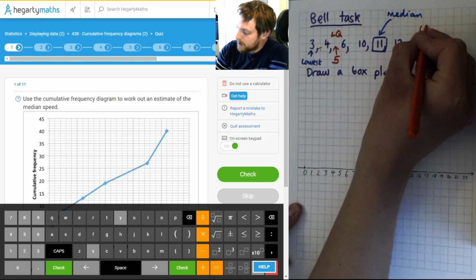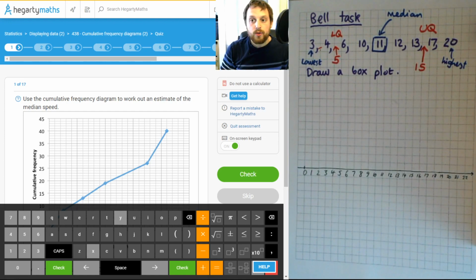That's the upper quartile. So what you need to draw a box plot, and what box plots give you, right? If I give you a picture of a box plot, or you see a picture of a box plot in a question, what it's showing you is the lowest, the lower quartile, the median, the upper quartile, and then the highest, okay?